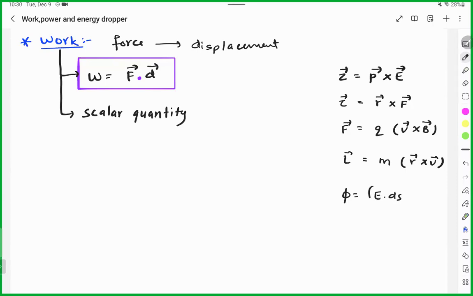Do you remember this? So in this case, what is happening? Electric field is a vector quantity, area vector is a vector, but you have dot between them. So this flux, electric flux, will be a scalar quantity. Understood? So this is how we can calculate.